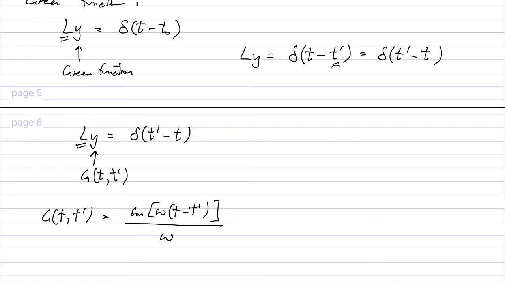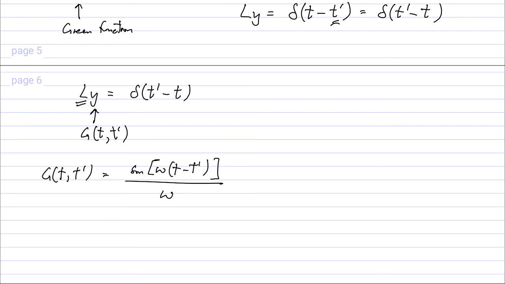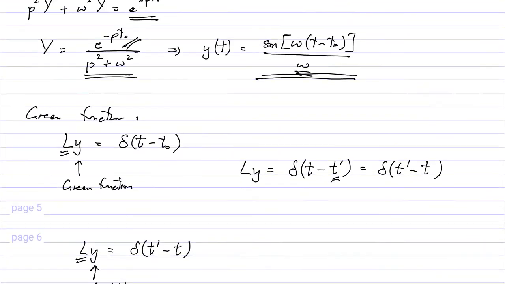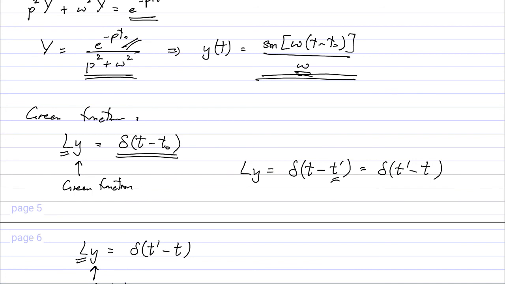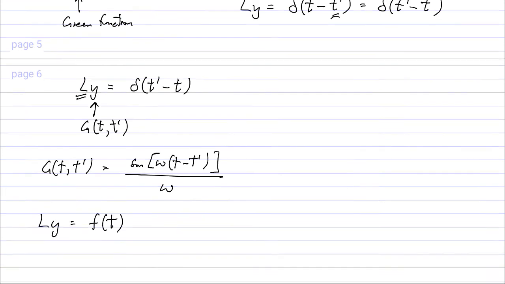Now why are we so interested in finding out this Green function? It's essentially because, remember that when we were solving linear differential equations before, I told you that if you have different driving terms on the right hand side, you can find the solution by treating each of those terms individually. And it turns out that any function on the right hand side works this way. In actual fact you might not have a Dirac delta function on the right hand side of the differential equation that you want to solve. So suppose you have this thing, with some arbitrary f of t.